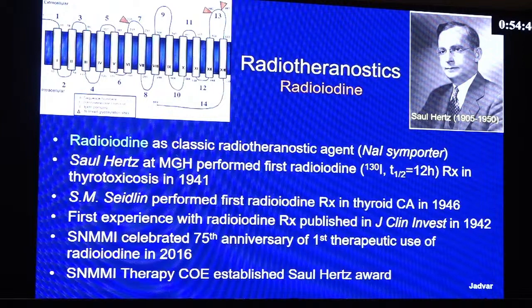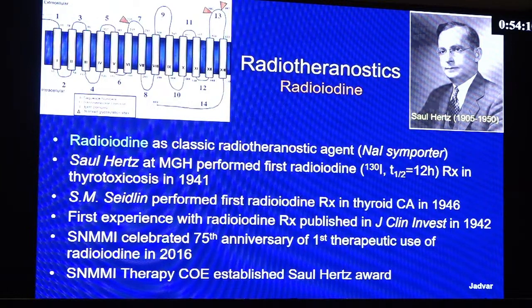Back in 1941, the endocrinologist knew that the thyroid accumulates iodine, and he asked at a meeting that was given by the MIT president, who was a physicist, whether it is possible to make it radioactive, so that he could treat the thyroid. And they said, yeah, maybe we can do that.